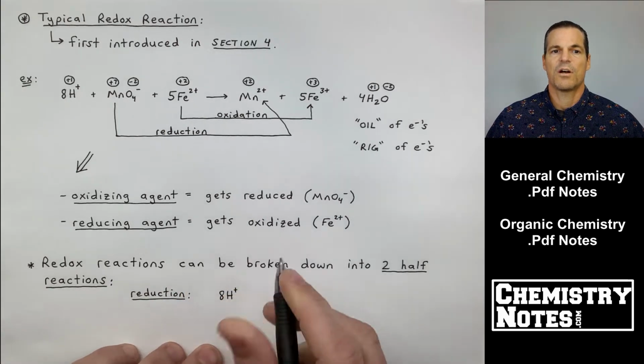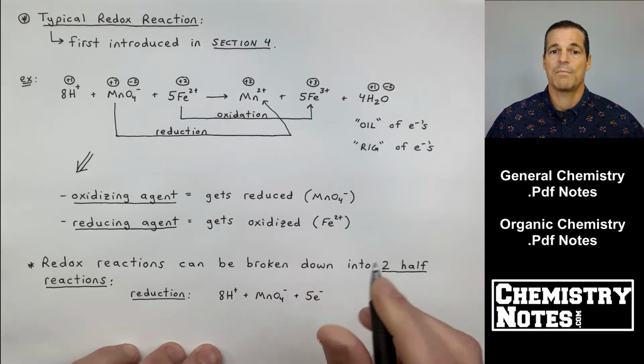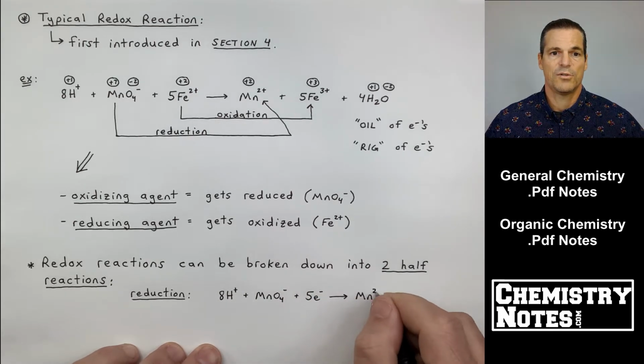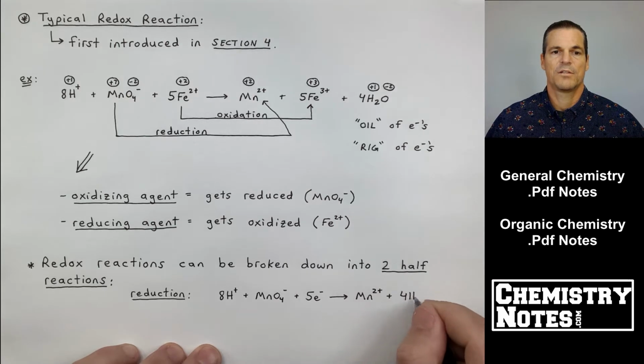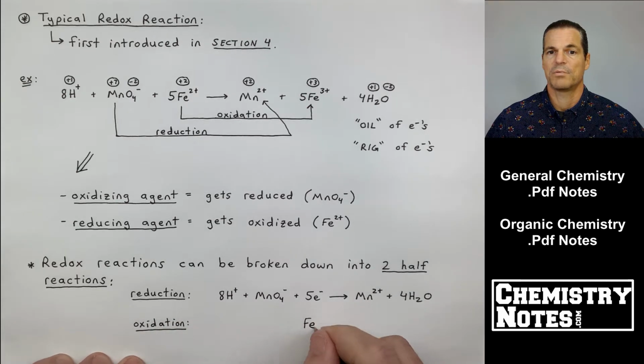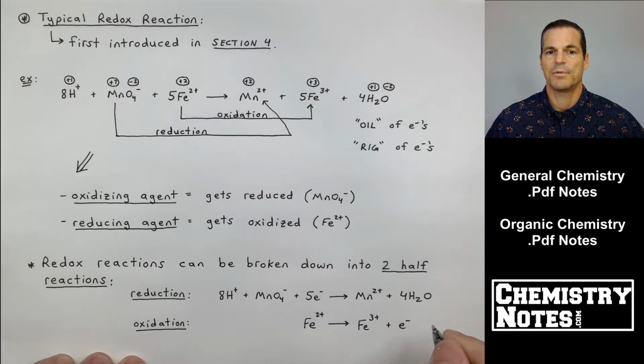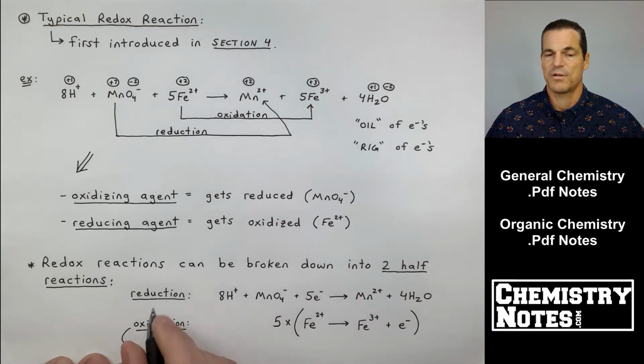Do you see the little star at the bottom of the page of our notes? It says redox reactions can be broken down into 2 half reactions. The reduction is 8H+ + MnO4- + 5 electrons yields Mn2+ + 4H2O. The oxidation half reaction is much simpler: Fe2+ yields Fe3+ plus an electron.